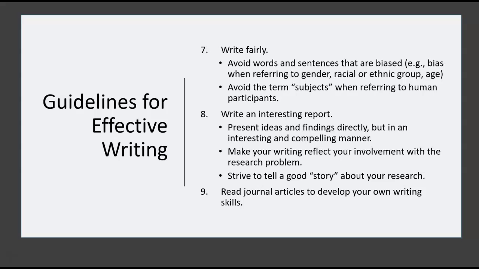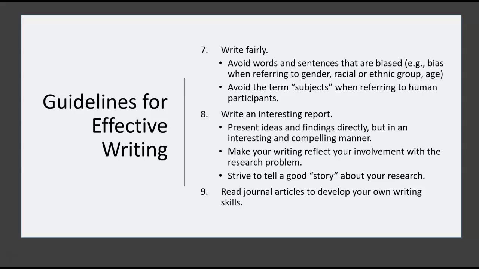So what number 7 here says is, write fairly. There's a whole chapter in the APA manual on reducing bias in language. So in all of our journals that are sponsored by the APA, there's a set of expectations about the type of language you're expected to use.